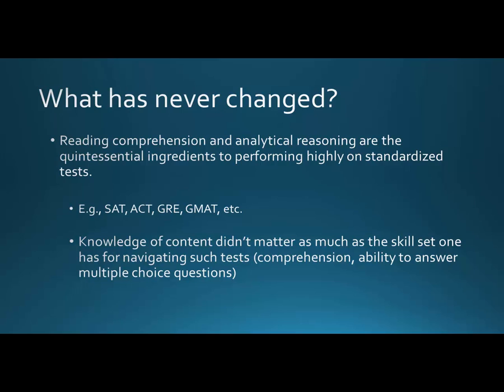So what has never changed? Well, first of all, when it comes to reading comprehension and analytical reasoning, these have always been key core constructs to performing highly in school, particularly on standardized tests such as the SAT and ACT. Having knowledge of content doesn't necessarily matter in these tests because they're all based upon reading passages and answering multiple test questions afterwards.